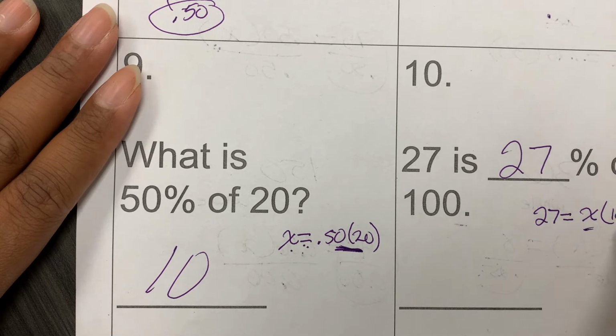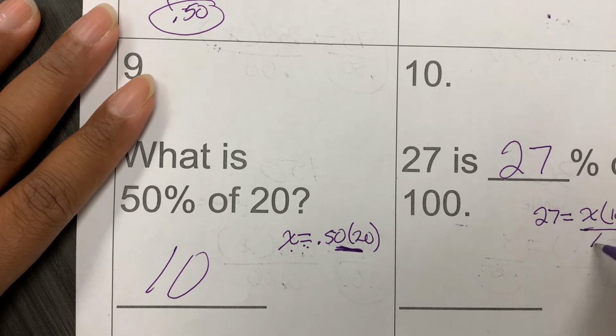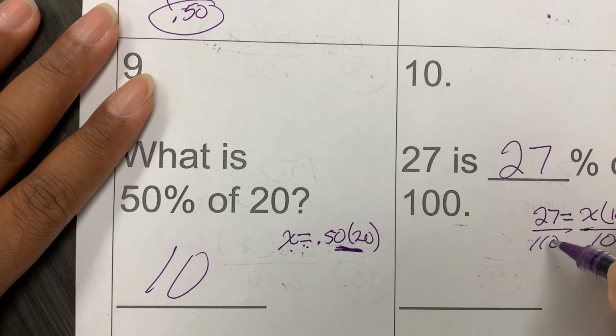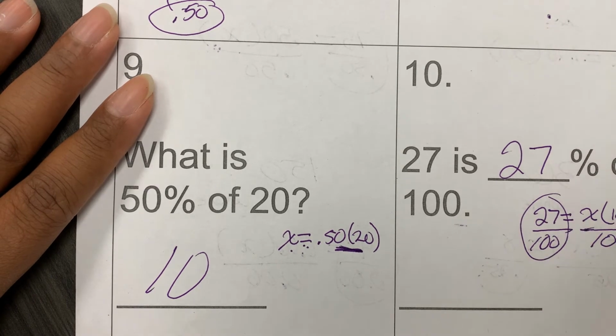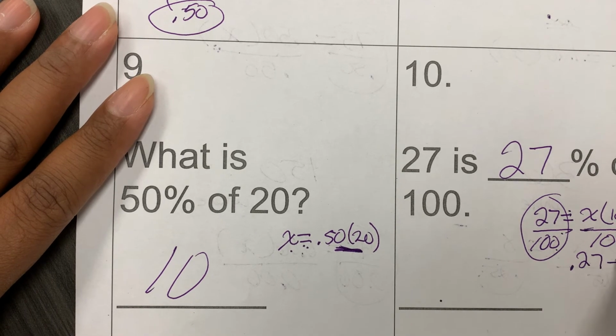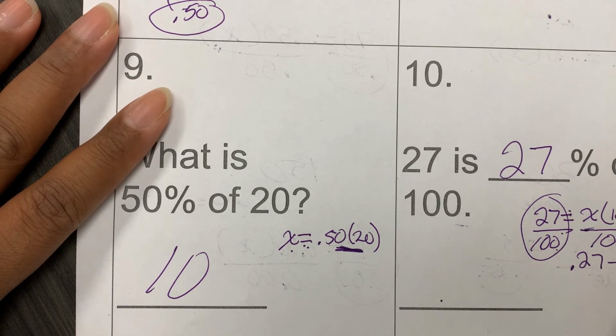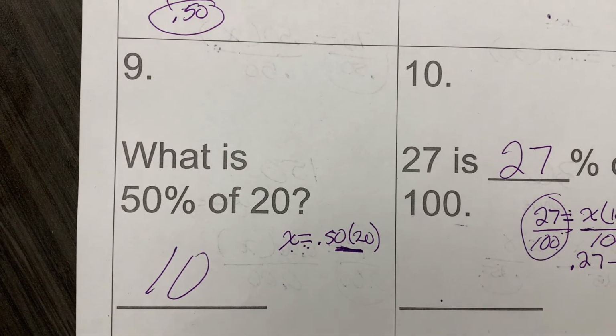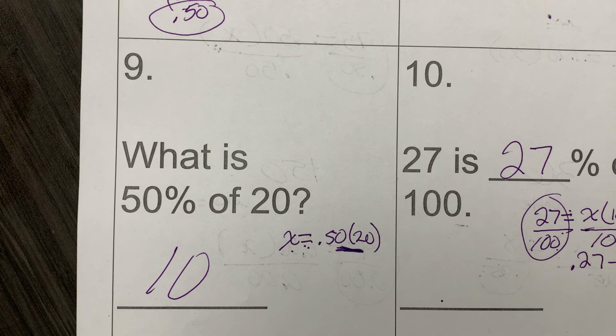Because we're missing one of the two numbers that get multiplied together, we do its opposite, divide. In the calculator, you would have put 27 divided by 100. You would have gotten 27 hundredths, which you changed to its percent, 27%. And that is the test corrections for percent of a number solving percent problems.